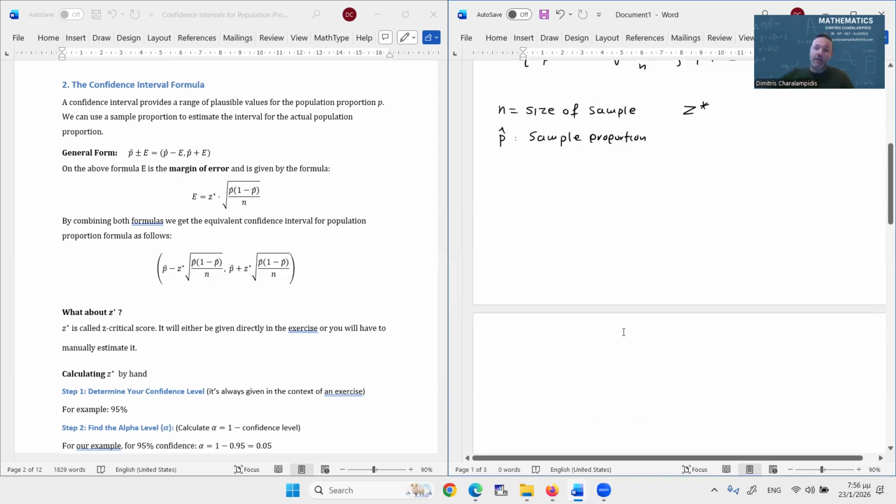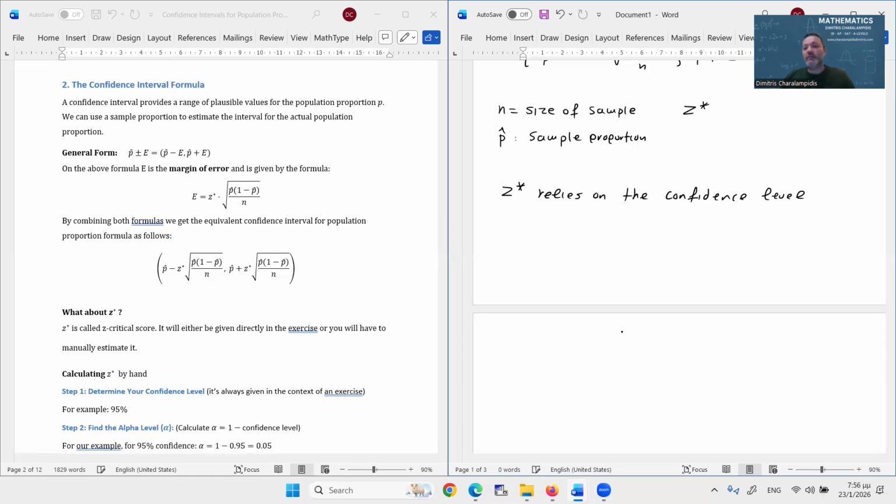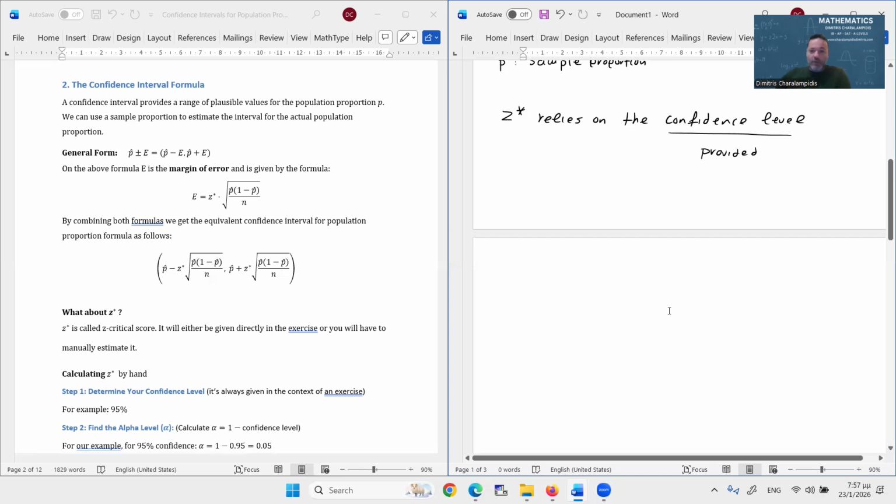The z critical value relies on the confidence level. The confidence level is always provided. We will explicitly be told in the given info of the exercise that we have to follow a 95 confidence level, a 90 confidence level, 97 confidence level, and so on. Here, let's just make it 95.